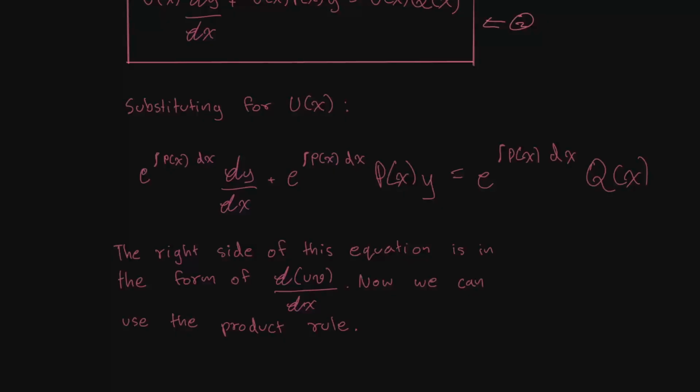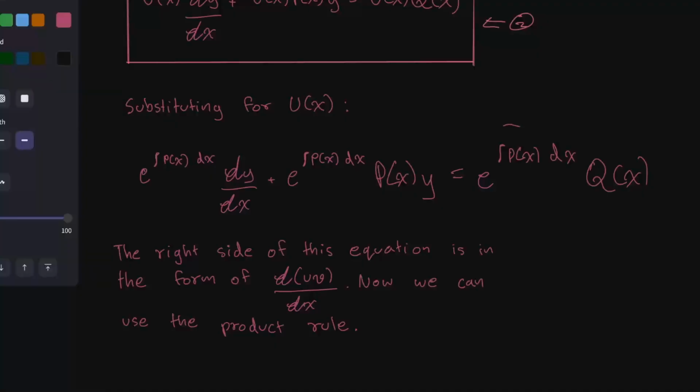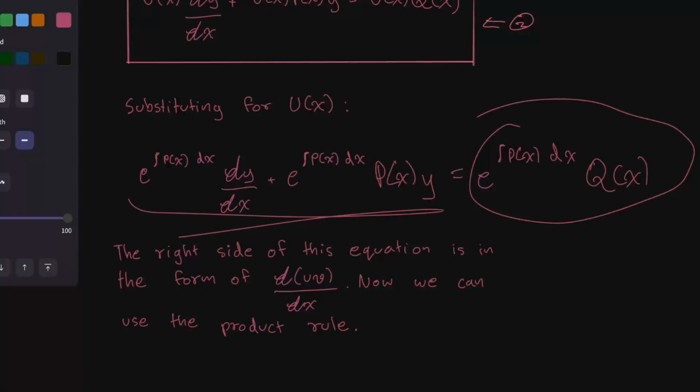So now that we know that the product rule can apply, we can equate the final term of the product rule, which is d(uv) by dx, to this term right here, right? Because that is our final equation after we got this part into the product rule form.